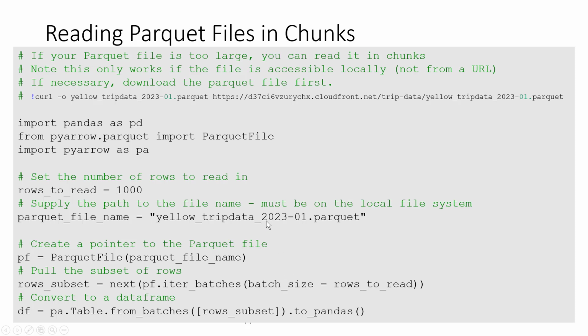So again, if we're just doing some exploratory data analysis and we only want to get a small sample of the records, we can use this technique. The only limitation to this is that if you read in chunks like this, you have to read it from a local file. You cannot read it from a URL. So this file has to be locally stored on your file system. And again, once we're done with iterBatches, we can grab that row subset and convert it to pandas.